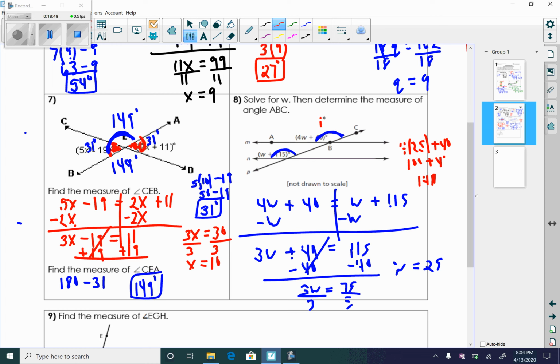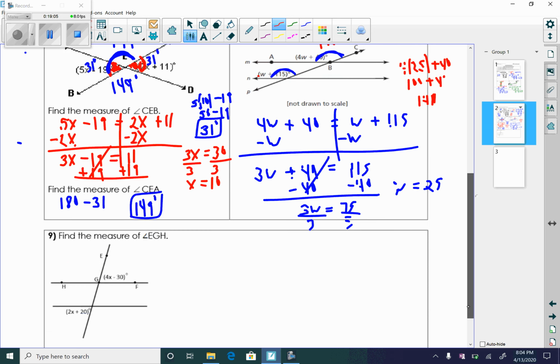Again, sorry about this pen. So the final answer to this question is 140 degrees. If I wanted to check this, if I plug in 25 here, 25 plus 115 is also 140.